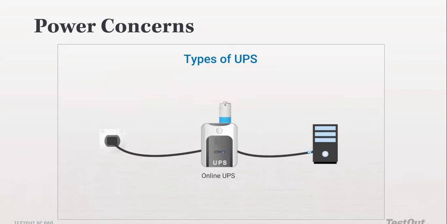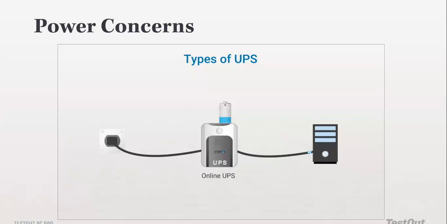An online UPS is that type of UPS that is immediately providing you power supply and charging its battery at the same time, such that when light goes off, the battery automatically kicks in. There's no breakage. The battery just continues providing power without any downtime.